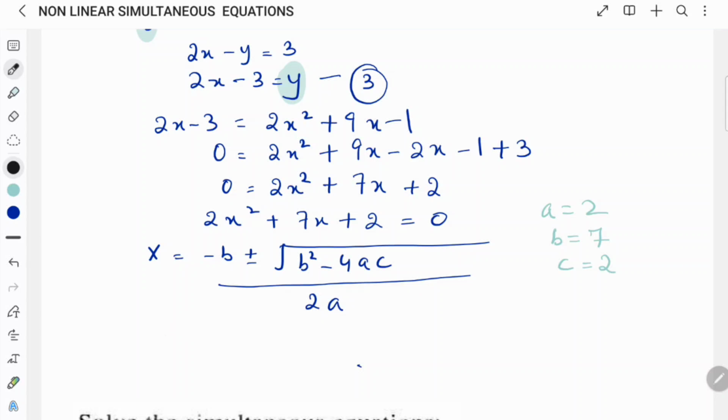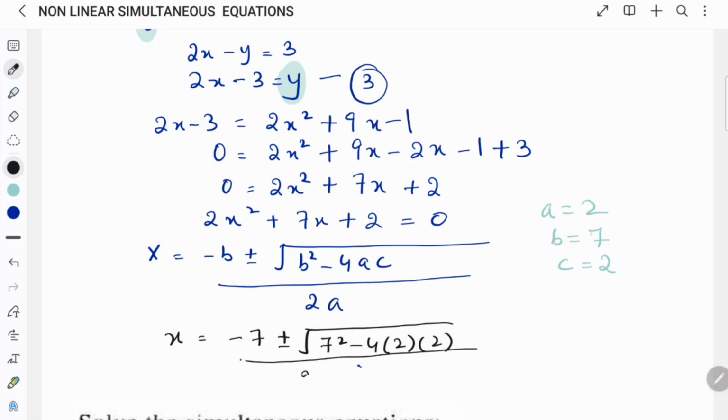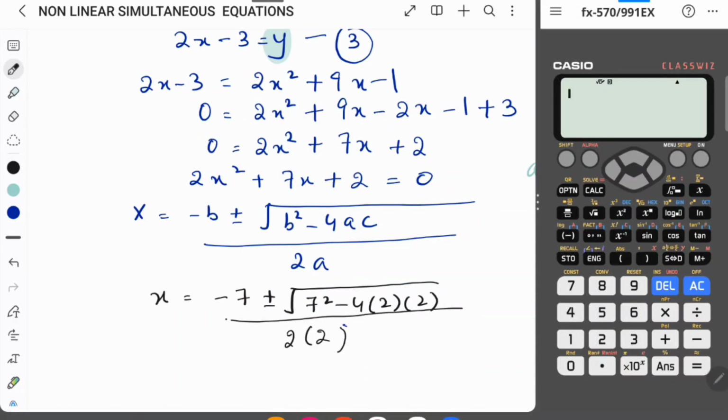So x is equal to minus 7 plus minus square root of 7 square minus 4 times 2 times 2, upon 2 times 2. All right. So find out under the square root, 7 square, the discriminant of it, minus 4 times 2 and 2 again.